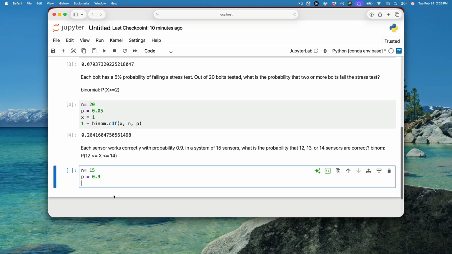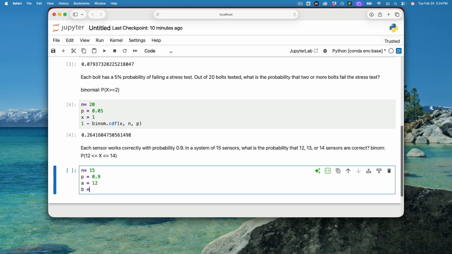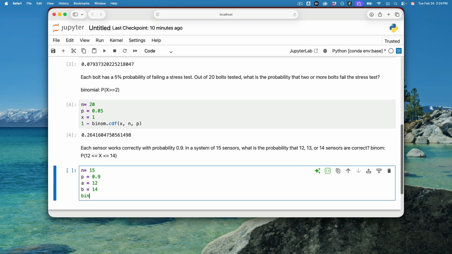Actually, let me put A is equal to 12, B is equal to 14, and then I do binom.CDF of B, n, p minus binom.CDF of A minus 1, unless A is 11 over here. Okay, then you could do A and p.